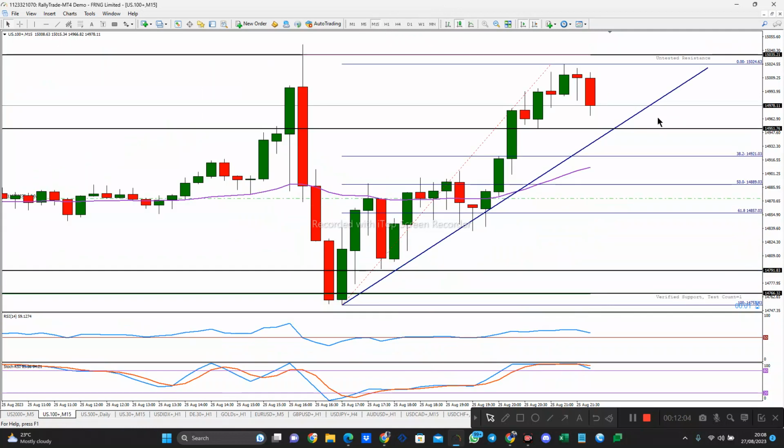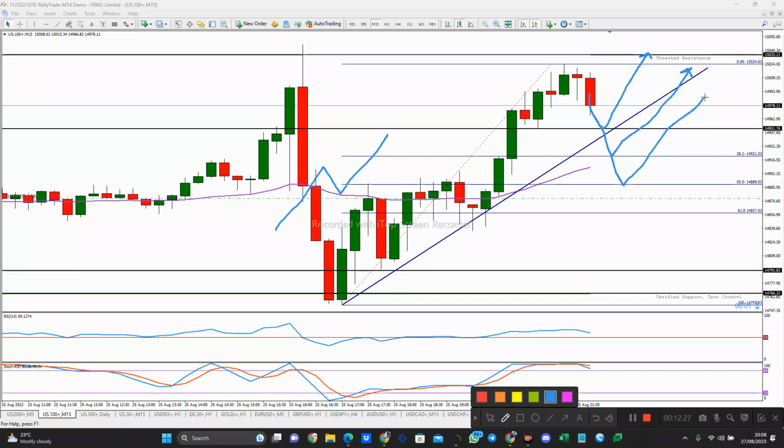So this candle might either come down to this support level and then go up, or it might come down to 38.2 and then go up, or come down to 50.0 and go up, or even come down to 61.8 and go up.